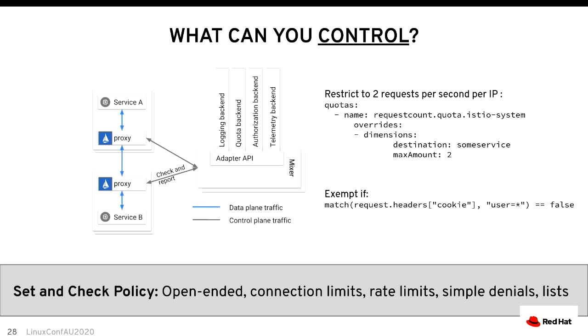From a control perspective, you can say, restrict 2 requests per second per IP from a particular client to this service. Imagine this is service A. You can say the max amount is maybe 10 or 2 per IP, and based on that you can limit.